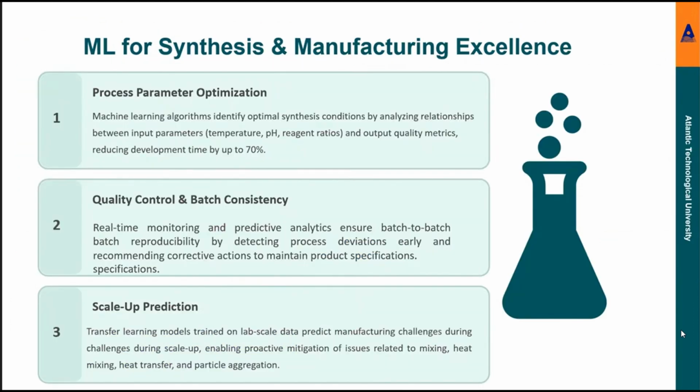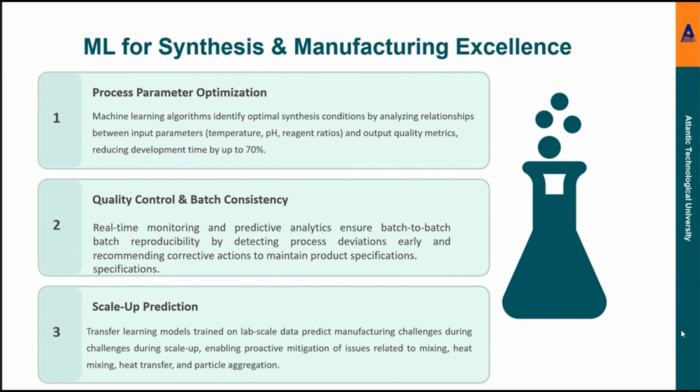We can also make use of machine learning for synthesis and for manufacturing excellence. Just like I said, there are a whole lot of parameters to be put into consideration. Machine learning can help us identify the optimal values for each of them, because these parameters have a non-linear relationship among themselves. If there's a change in one, this can lead to the formation of another product.